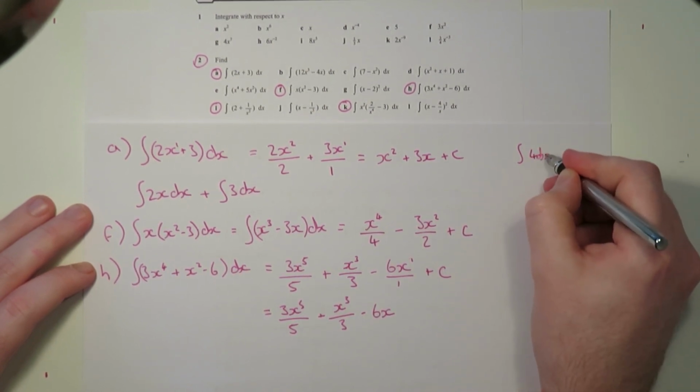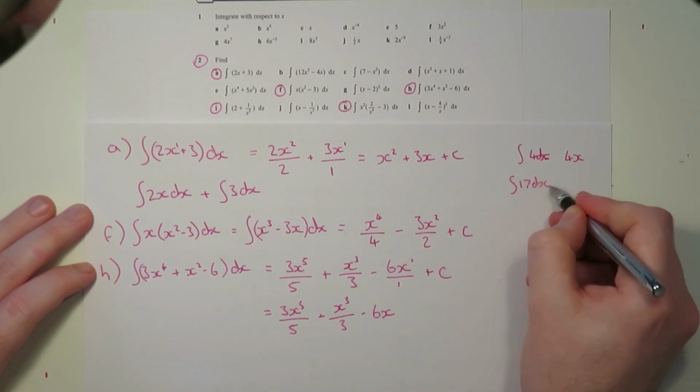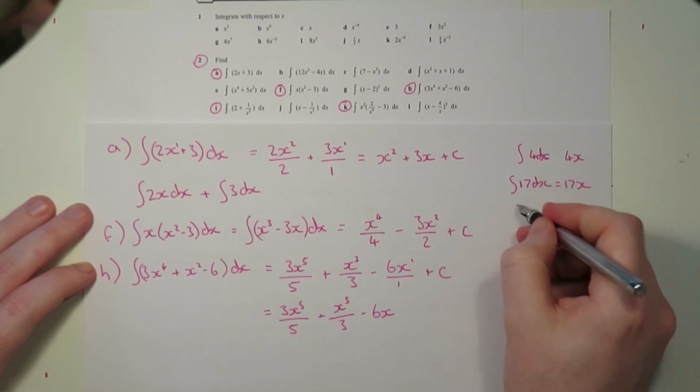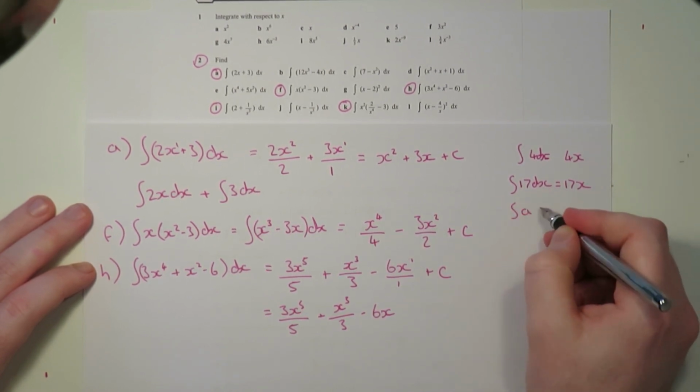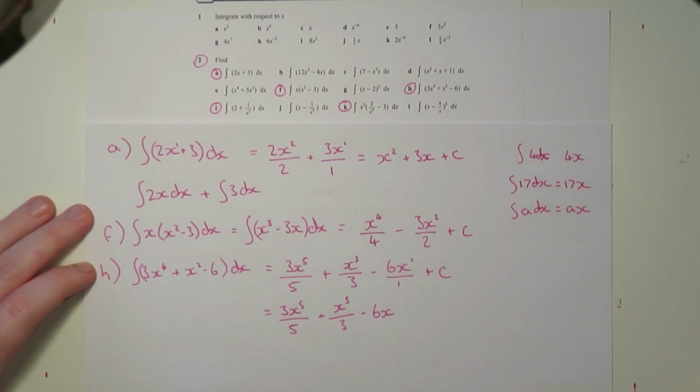I should say that that's with respect to x. The integral of 17 with respect to x is 17x. So if you ever have just a number, then you have just ax. Okay, so that's question H. Let's now try question I.